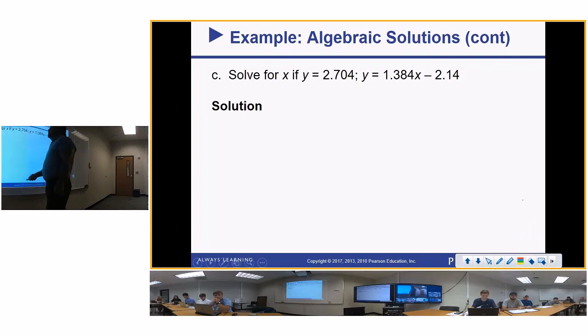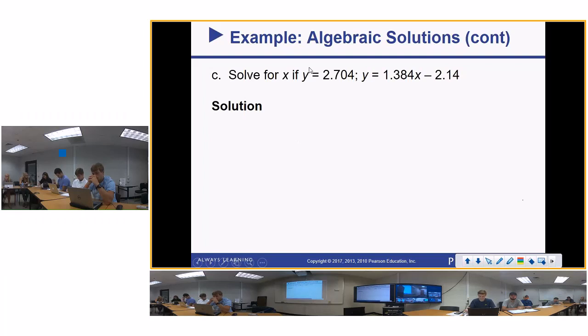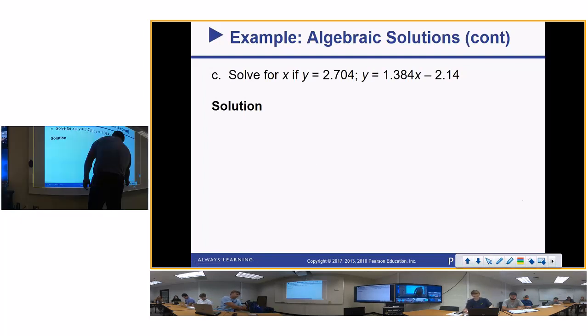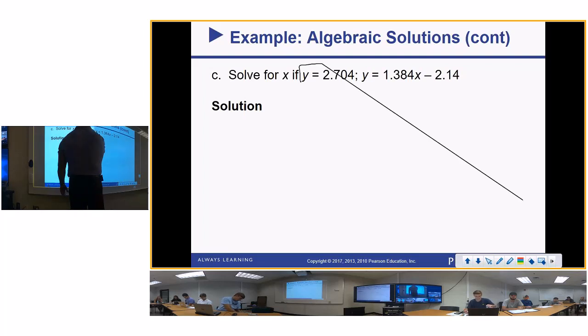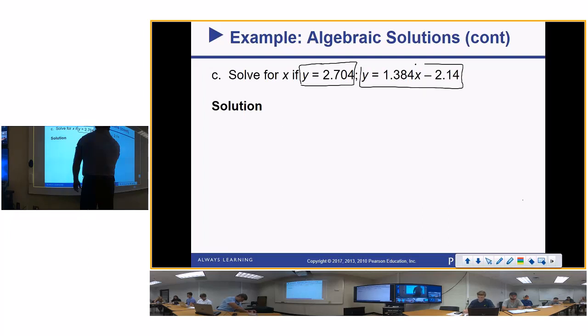So, if y is equal to this, and y is equal to that, basically you have two lines. What kind of lines are they?